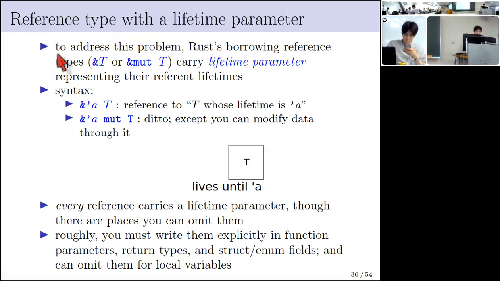So to address the problems I have been talking about at length, Rust borrowing types, either ref T or ref mut T, carry something called a lifetime parameter, essentially representing their different lifetimes. So how long the data structure it points to lives.